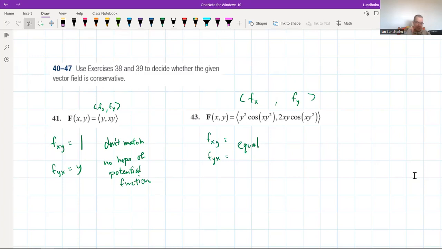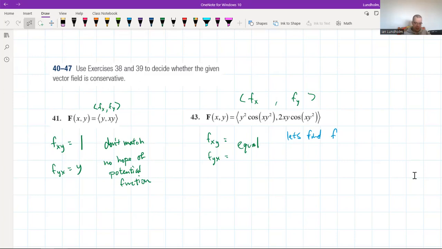One thing that might be slightly more interesting is, once you found that they're equal, that tells you, oh hey, let's find a potential function. So if we have the partial derivative with respect to x and the partial derivative with respect to y, we've done this before.